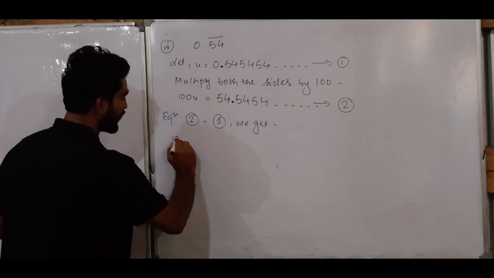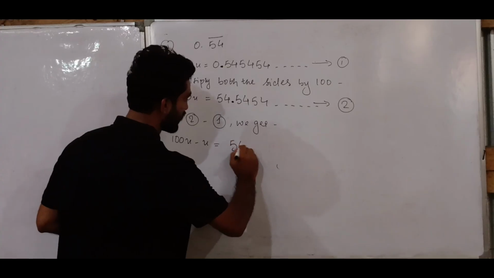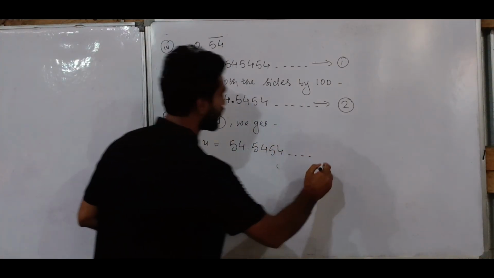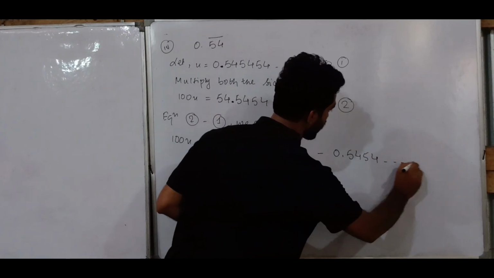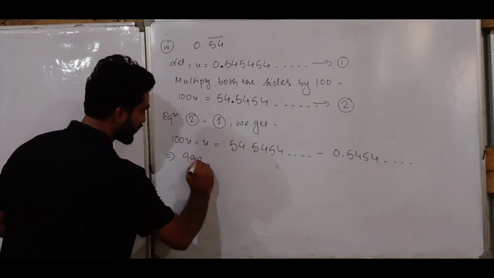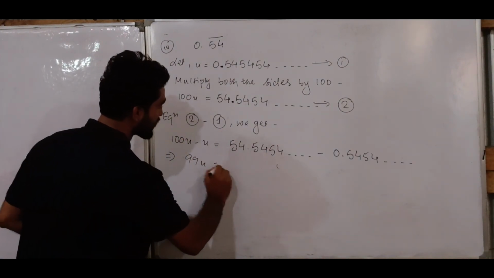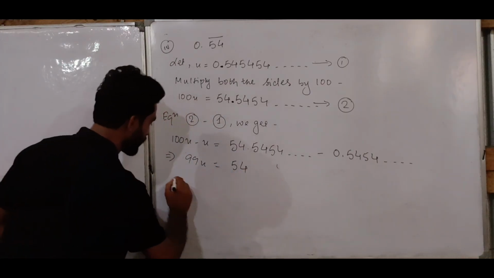So see, this will be 100x minus x and this will be 54.5454 minus 0.5454 like this. So 100x minus x is 99x, and 54 minus 0 is 54.